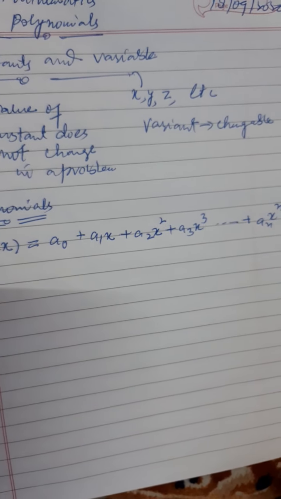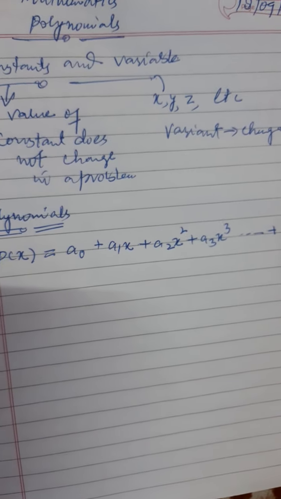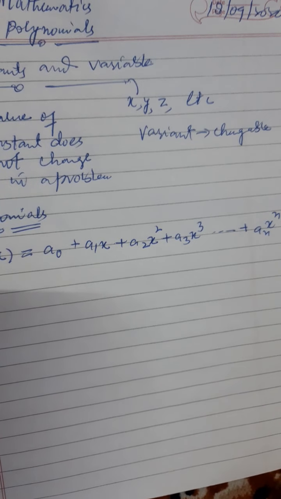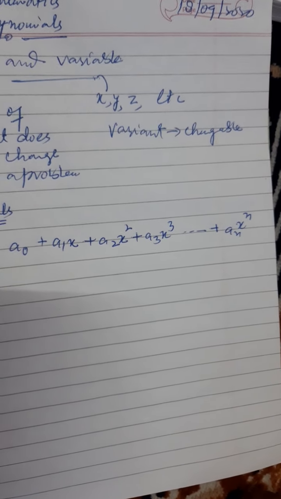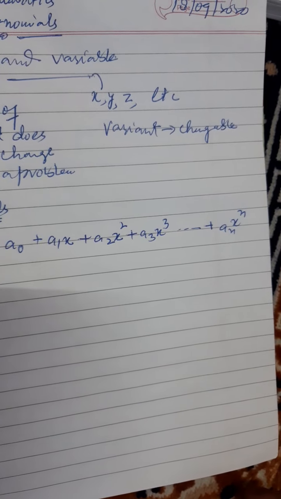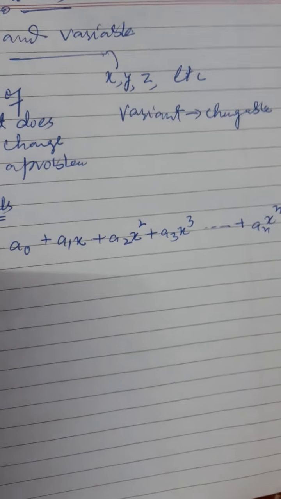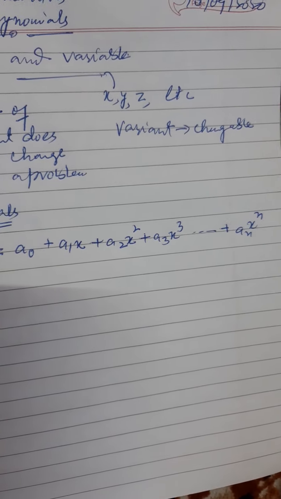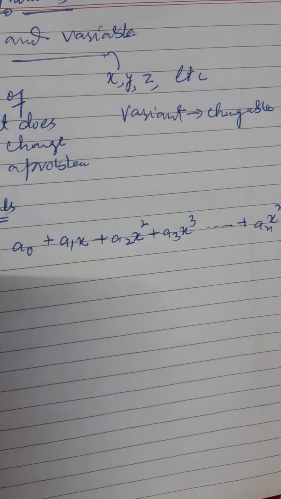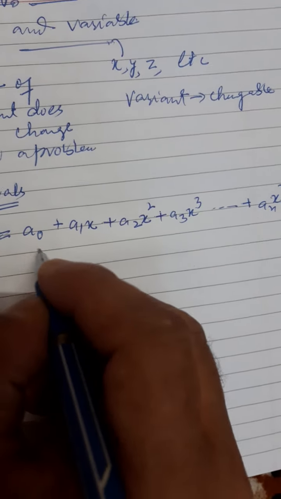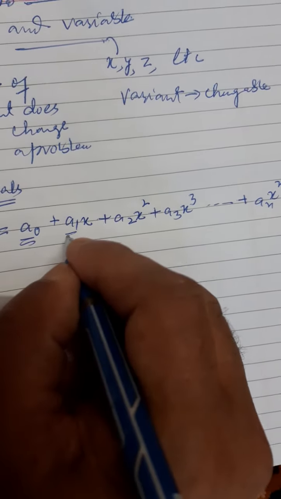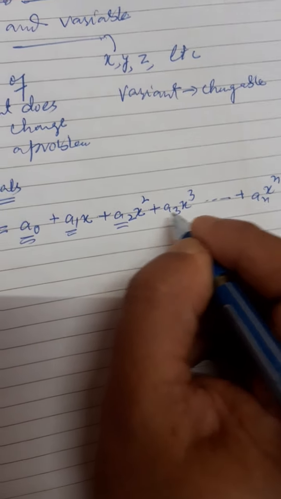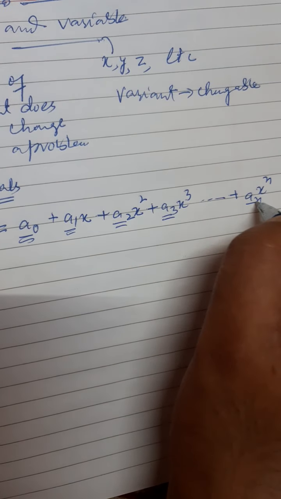So a function p of x is equal to a0 plus a1x plus a2x square plus a3x cube plus dash dash dash, and the last term I write here is a n x to the power n. In this expression we have a0, a1, a2, a3 and an.